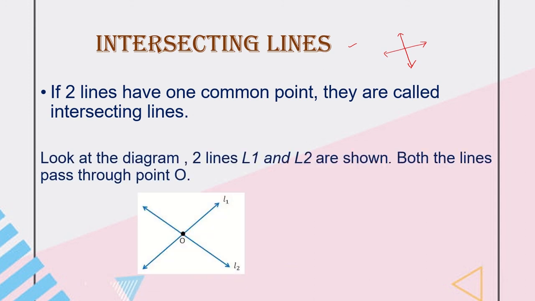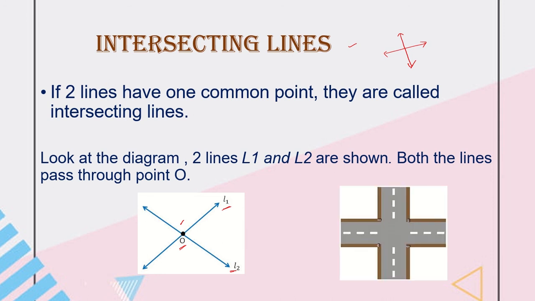Now look at the figure. There are two lines. I have given the name of this line as L1 and the name of another line is L2, because I can give the names as L1, L2 or L, M. As you can see in this figure, both L1 and L2 are intersecting, or you can say cutting each other at a single point O. So L1 and L2 are intersecting lines.